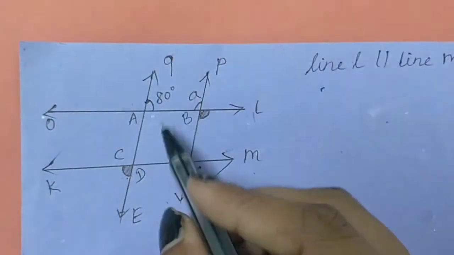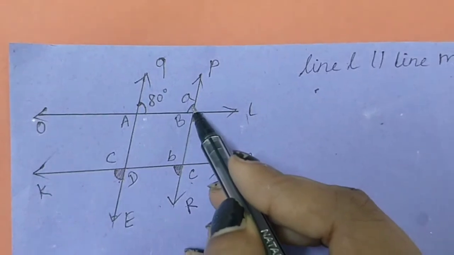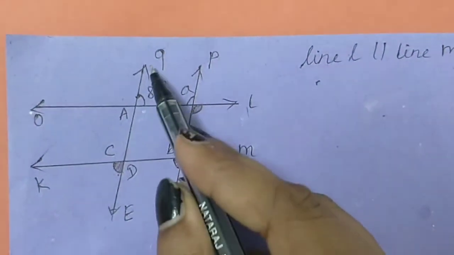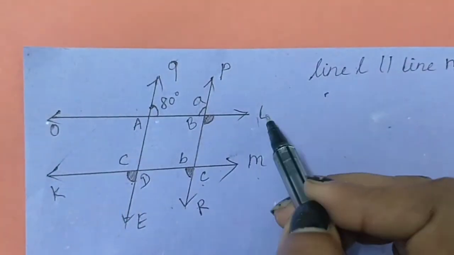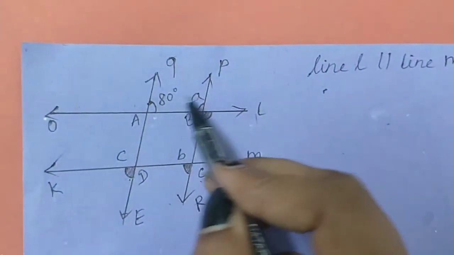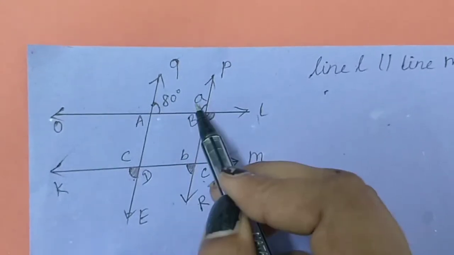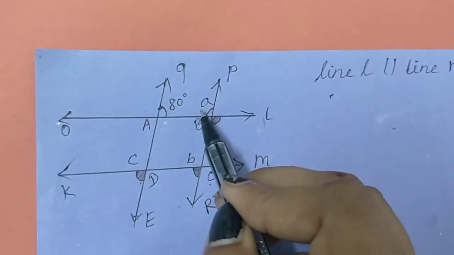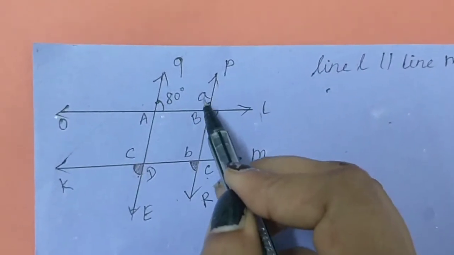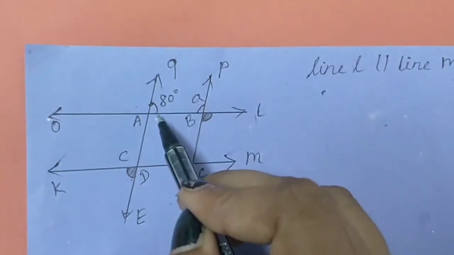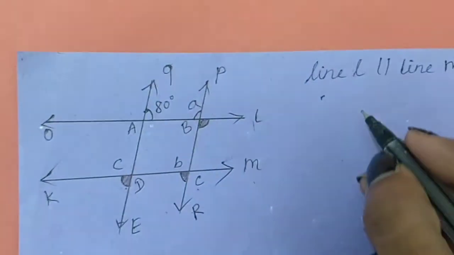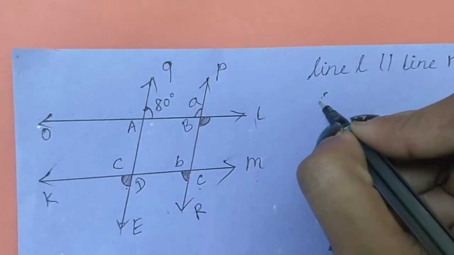So if we talk about this A, these two lines are parallel and this is the transversal. So these two are interior angles and we know that interior angles are supplementary. So the sum of this 80 degrees plus this angle will be equal to 180 degrees, and in that case we can find A easily.